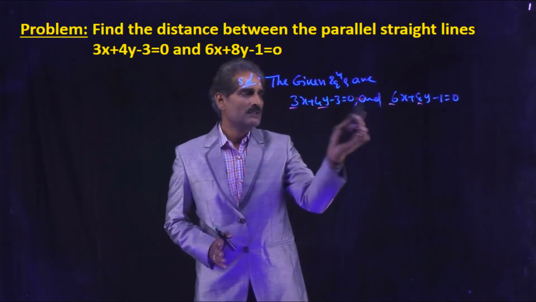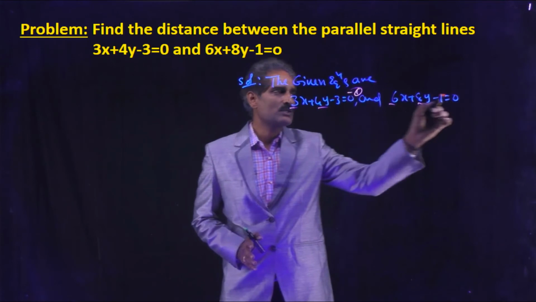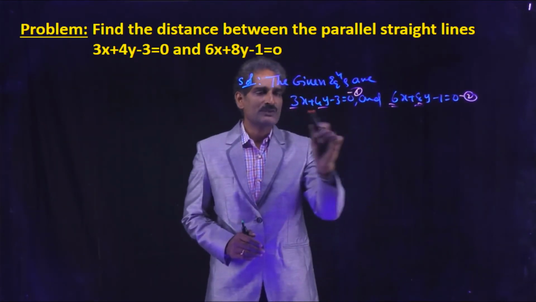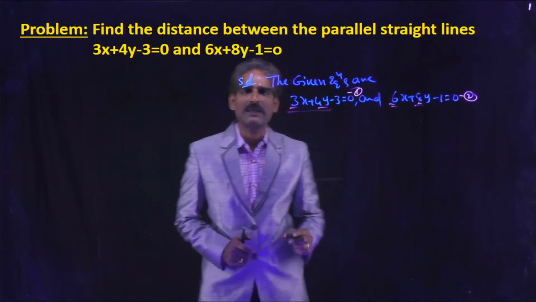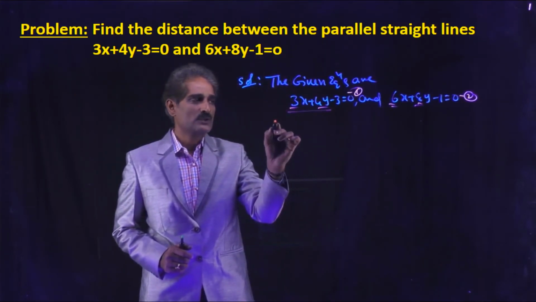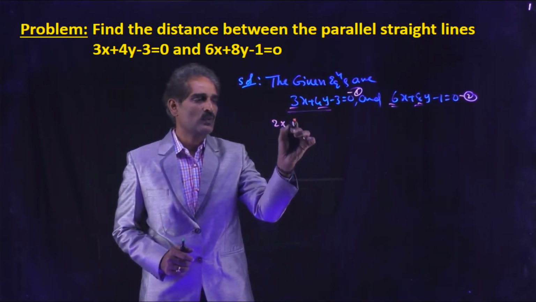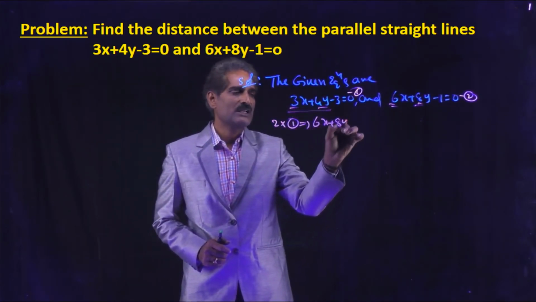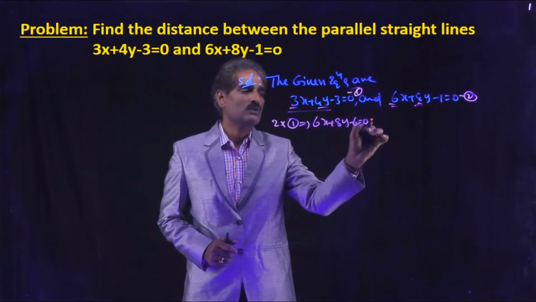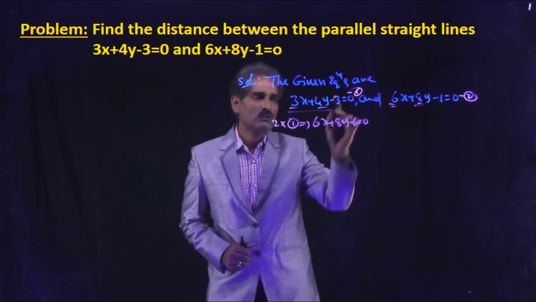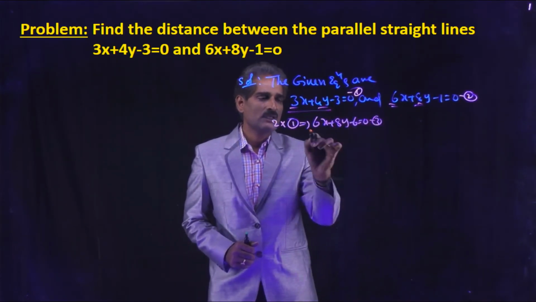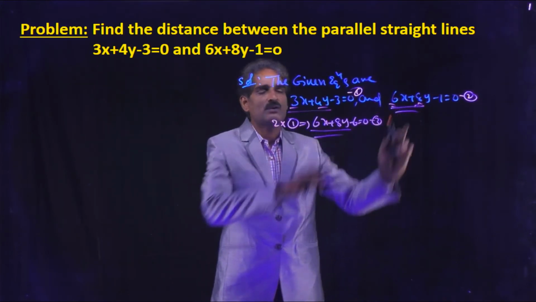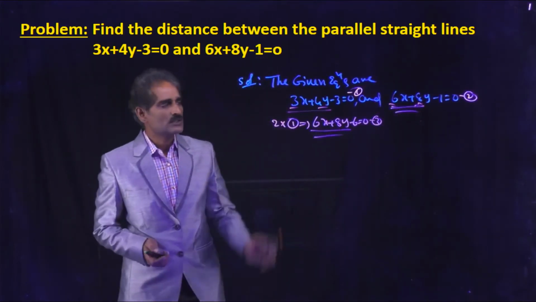Let us take this as equation 1 and this as equation 2. To make equal coefficients, multiply equation 1 by 2. 2 into 1 gives 6x plus 8y minus 6 equals 0. Now observe these two equations: x coefficient 6 and y coefficient 8 are both equal. So now we can apply the formula.